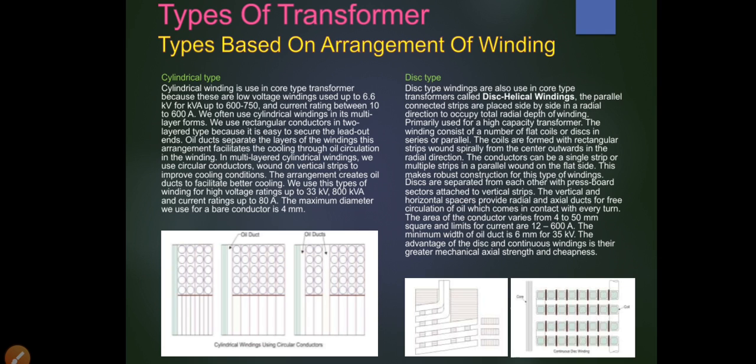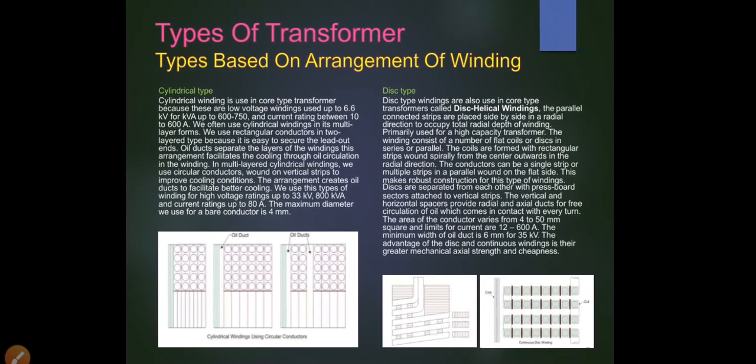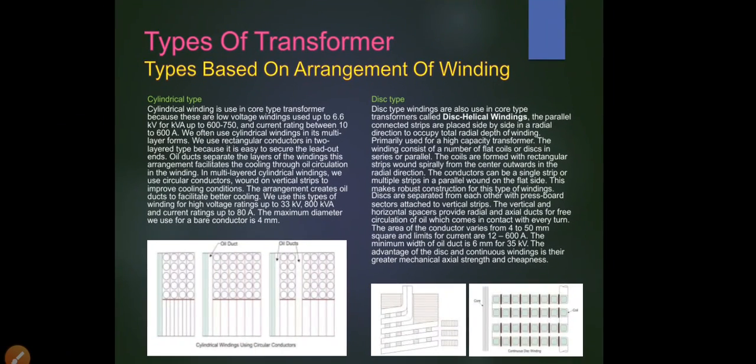So this is the type of transformer by arrangement of the winding: one is cylindrical, the other is disc type. Moreover, the disc type has more advantages with respect to the cylindrical type in the sense of robustness and cost.